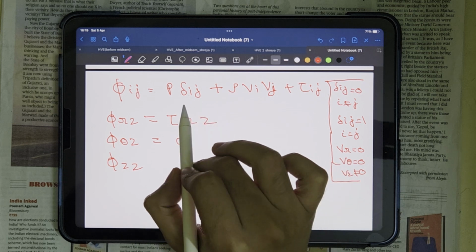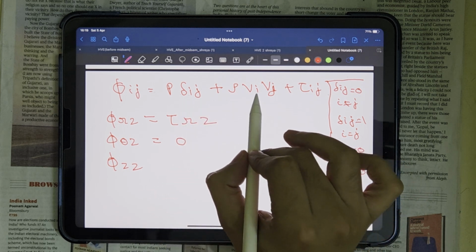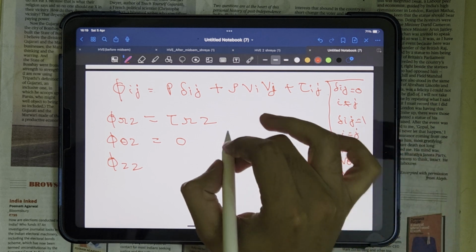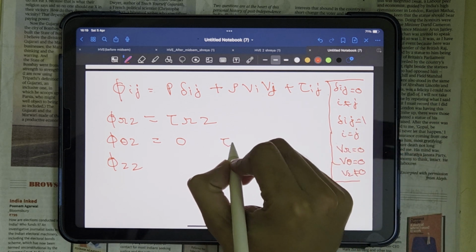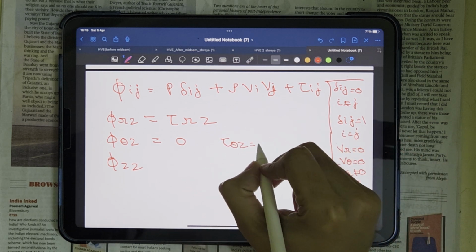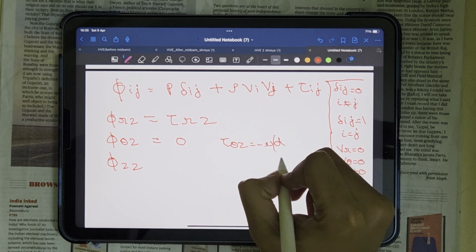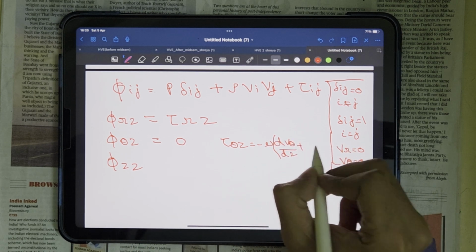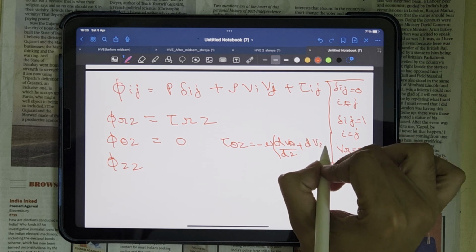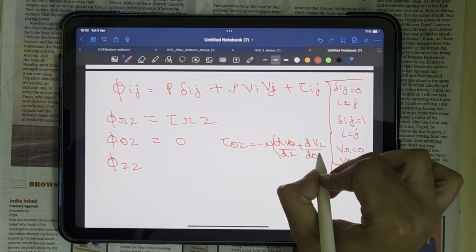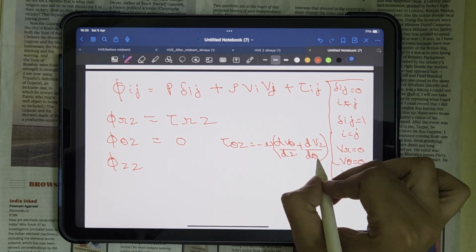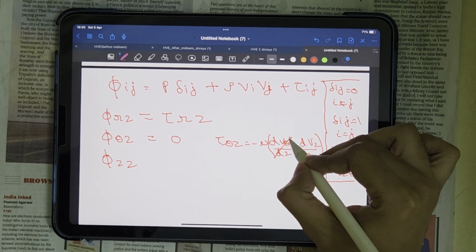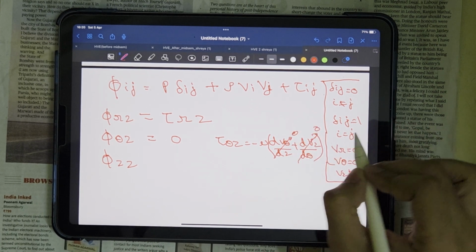As you can see, delta theta z will be 0, V theta will be 0, so second terms become 0, and tau theta z you can write as minus mu times dV theta by dz plus dVz by d theta. And Vz is not a function in theta direction. Therefore, both these terms are 0.